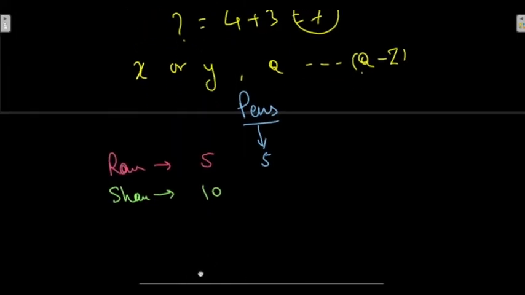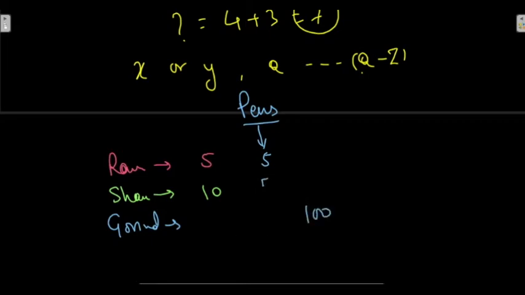And then a third person comes, say Govind. He says, give me pens for rupees 100.